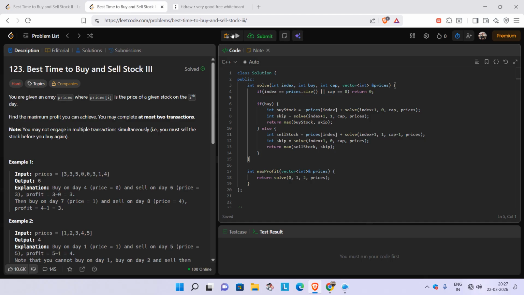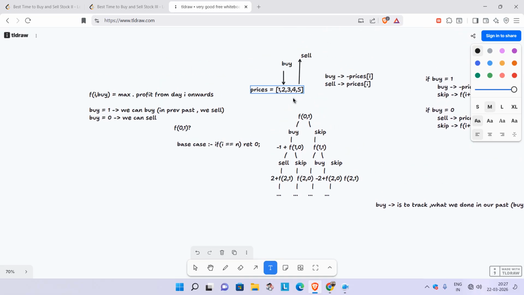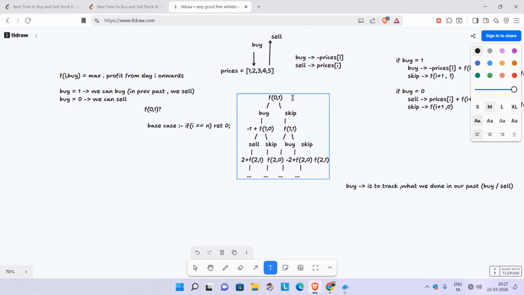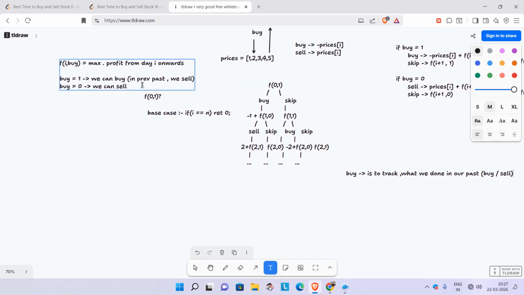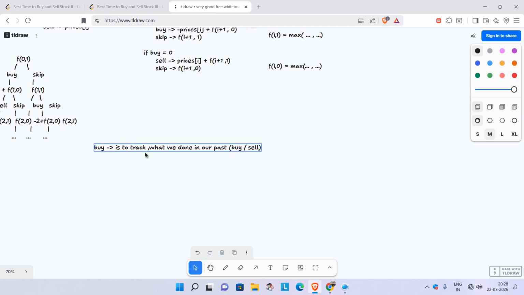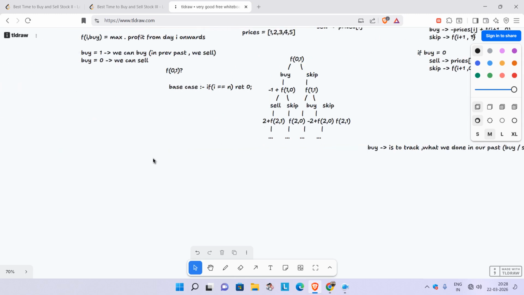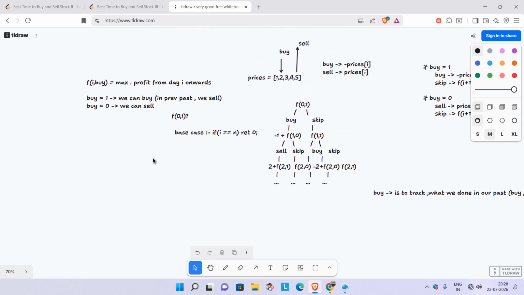So what does it mean? In my previous question, Buy and Sell Stock 2, we only had to be concerned about which day we are standing at and what our previous record is, or we can say we used an extra variable to track what we did in the past, and according to it we could sell and buy.